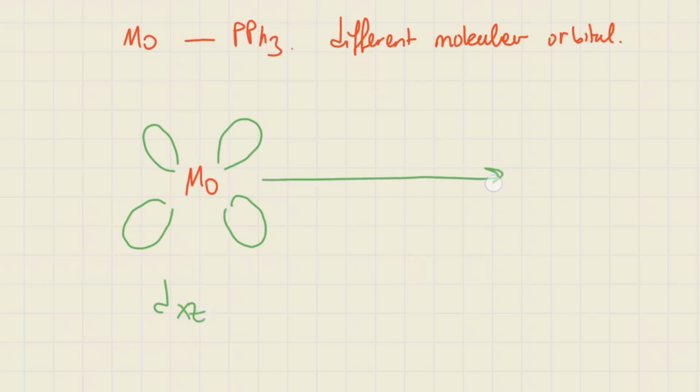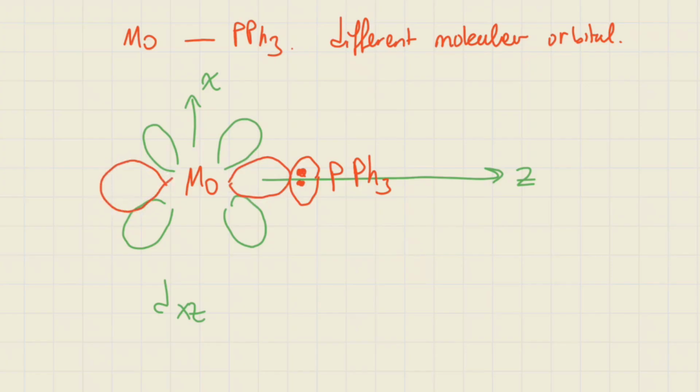For instance, this is the x-axis, then this is the z-axis, and this is the x-axis. And we have one phosphine ligand here, for instance. We have a lone pair of the phosphine ligand also. So it has 2 electrons. And these electrons will directly interact with the dz square of the metal center, and it will interact with this orbital.